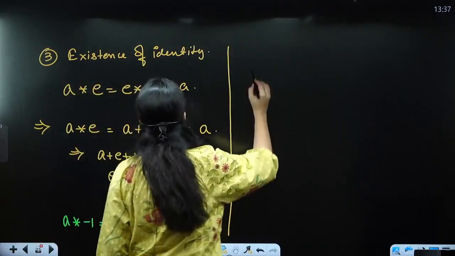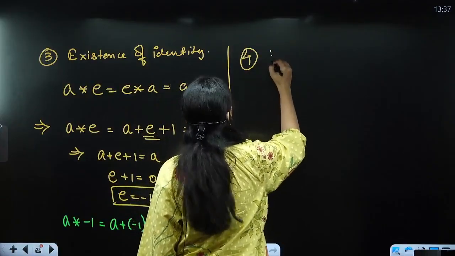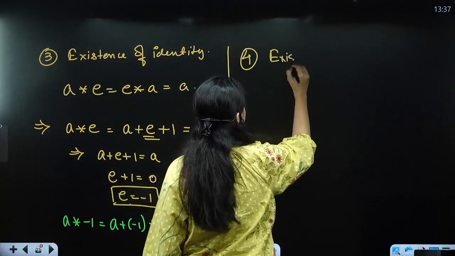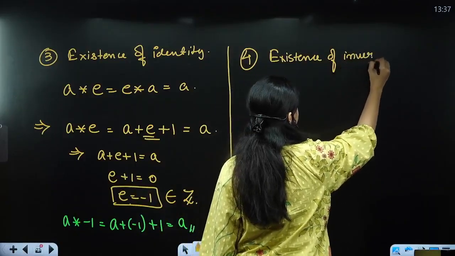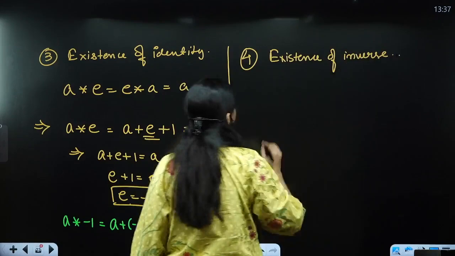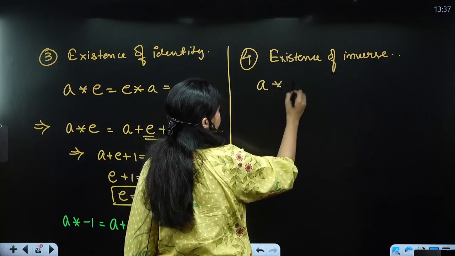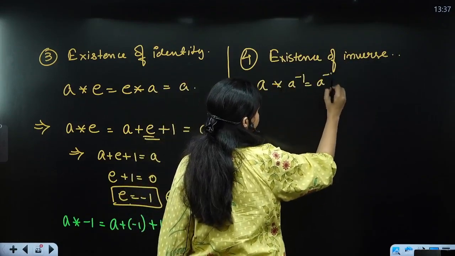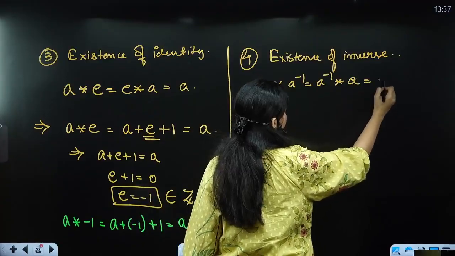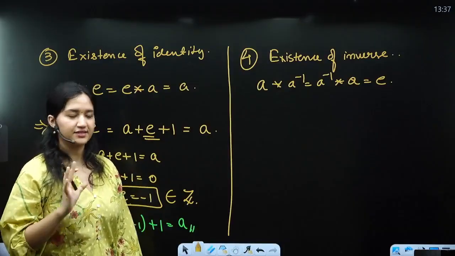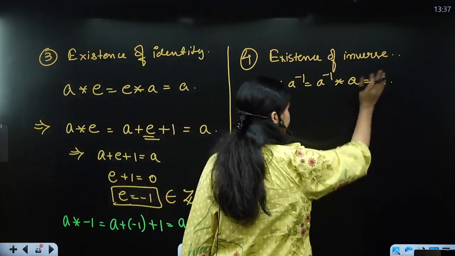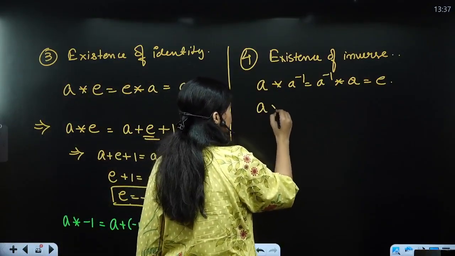Now fourth, we have existence of inverse. I need a value a inverse such that I get the identity element here. And what is that?